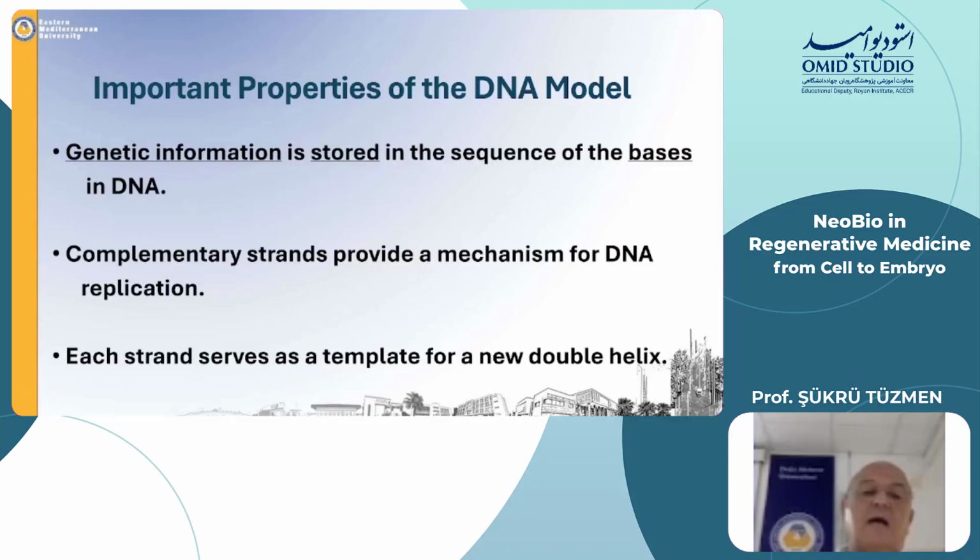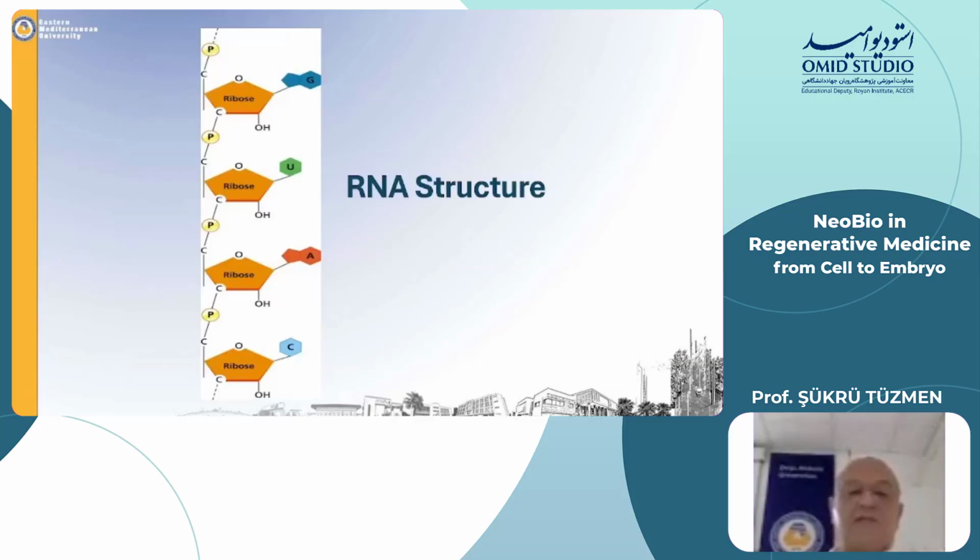There are complementary strands which provide a mechanism for DNA replication. Although within today's talk I'm not going to go into detail of DNA replication, the structure of DNA, the way it is represented, is really important for this matter. And each strand serves as a template for a new double helical strand. Again, this is a topic of replication of DNA. This might be a talk for another symposium or another seminar.